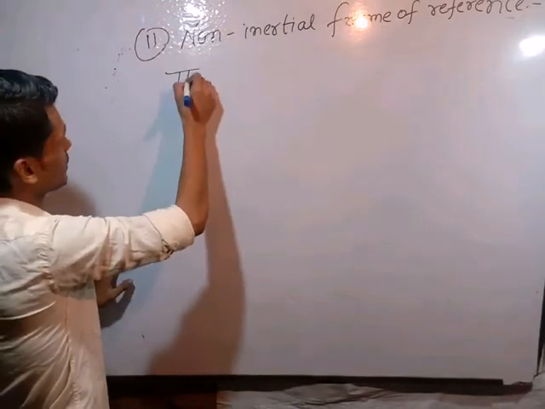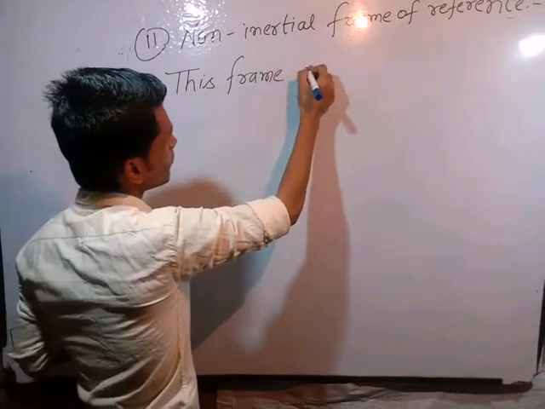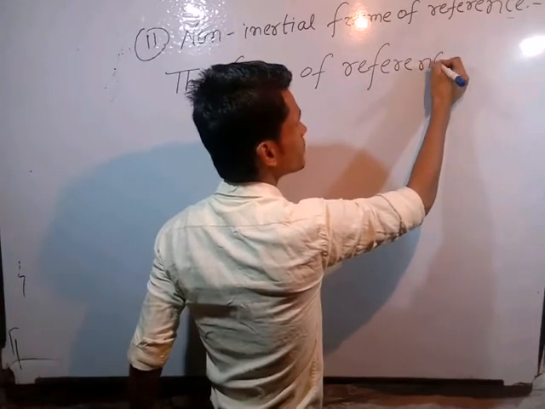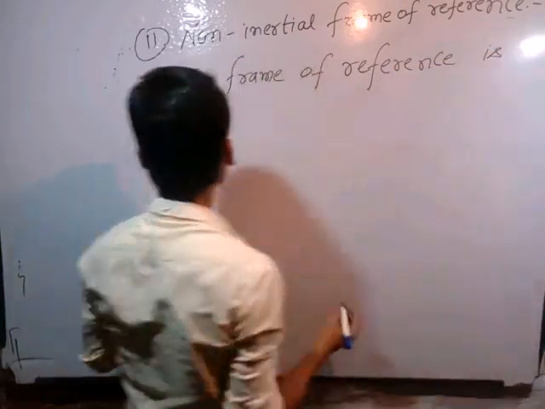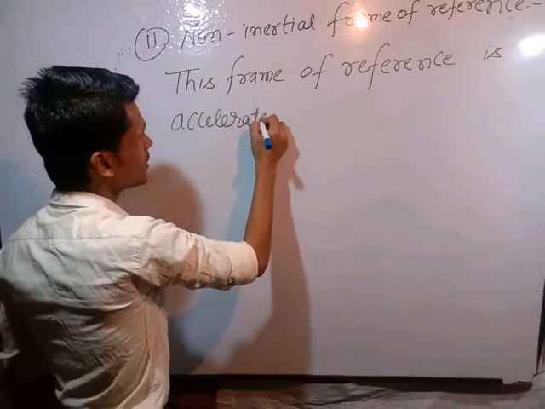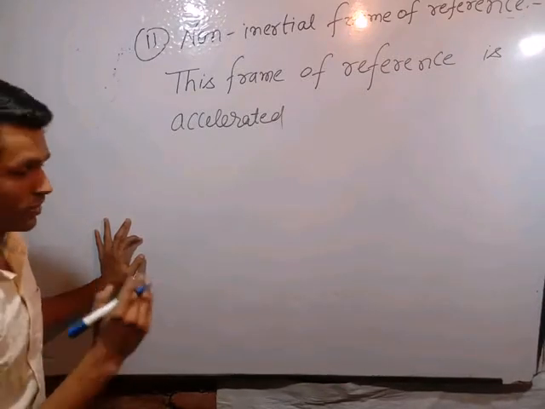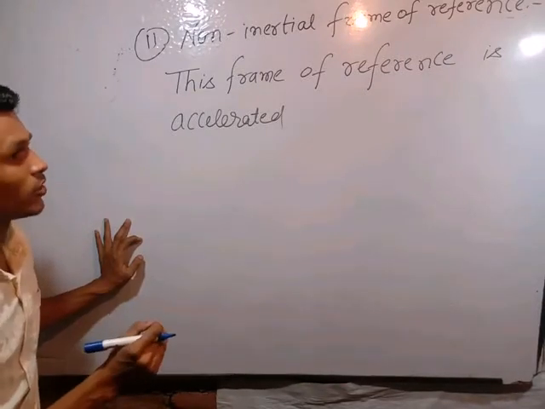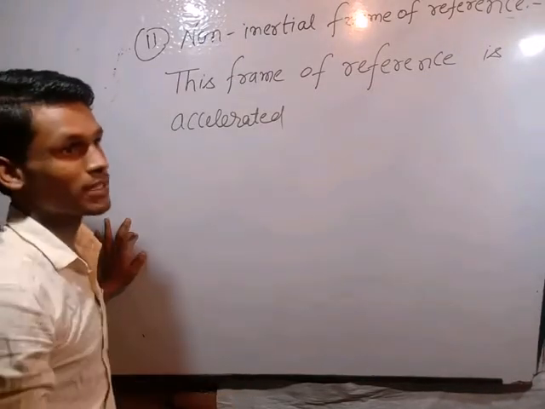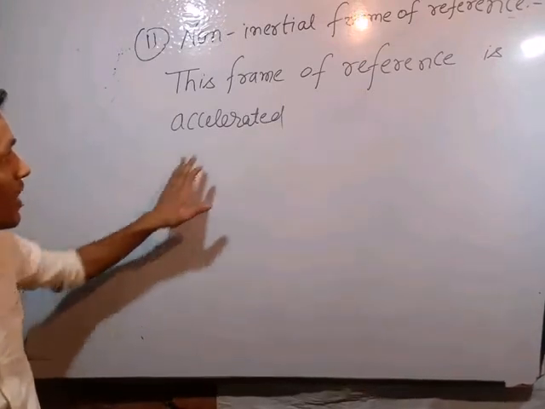This frame of reference is accelerated. Accelerated means it changes its velocity with time interval. Suppose the velocity is now 2 meter per second, and next 3 meter per second, next 4, next 5, then it changes its velocity, then we call it accelerated.